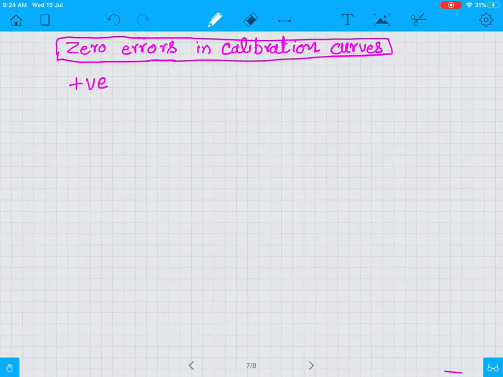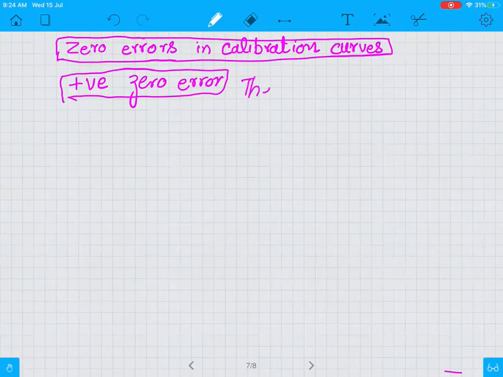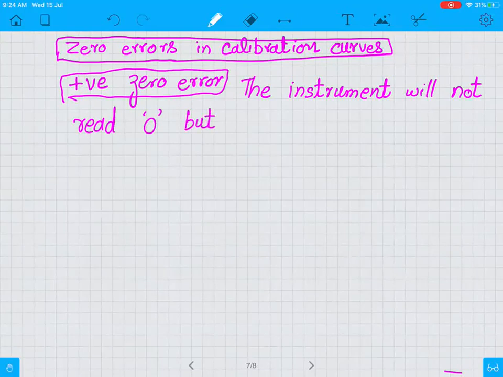A zero error is called positive zero error when, first of all, the instrument will not read 0 but it will read a positive value when off.